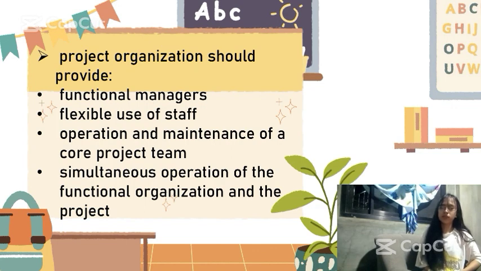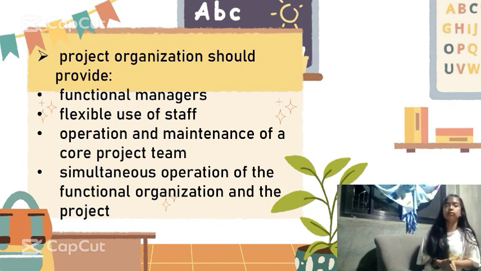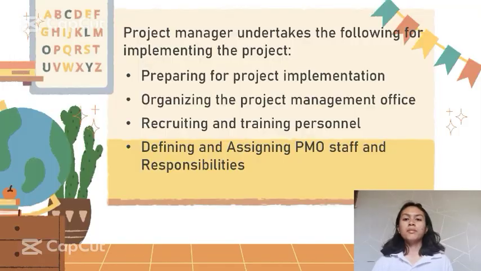Kasi syempre hindi naman pwedeng maglalagay na lang sila agad-agad ng mga employees. Since bawat isa sa kanila ay may kanya-kanyang function and certain role. Plus, we're talking about project organization, meaning they have a specific job to handle. Lastly, they need to continuously monitor as it has an impact to the overall outcome of the project.